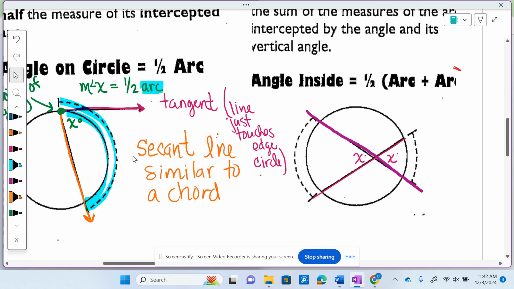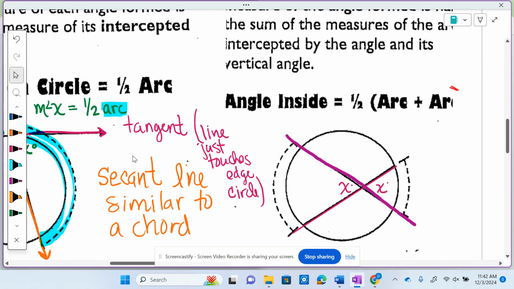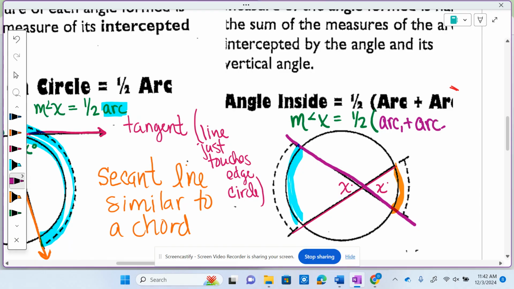They're vertical angles, and we know that vertical angles are congruent. So the measure of angle x equals half of the measure of the small arc plus the larger arc, or just the two intercepted arcs. So we're going to call it arc 1 plus arc 2.